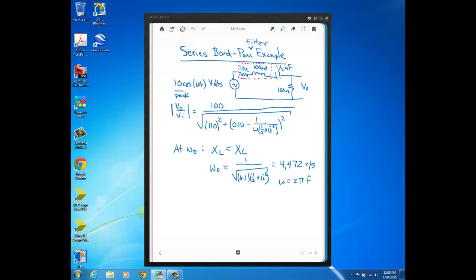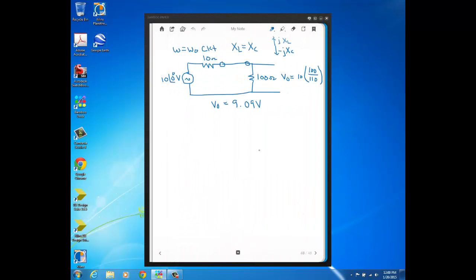So you see the ratio of V out over V in would be 0.909, and since V in is equal to 10, we'd get the same answer of 9.09. So just a different approach to get the same answer of V out using this circuit analysis as opposed to just plugging into the frequency response equation.